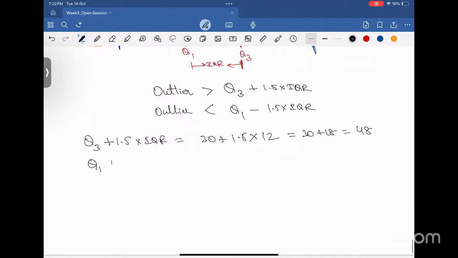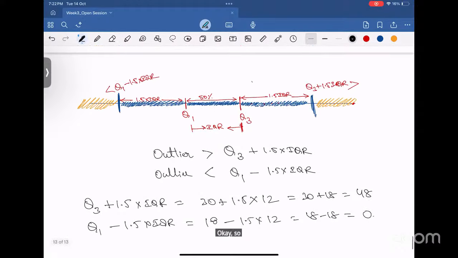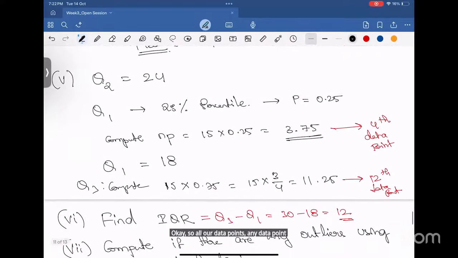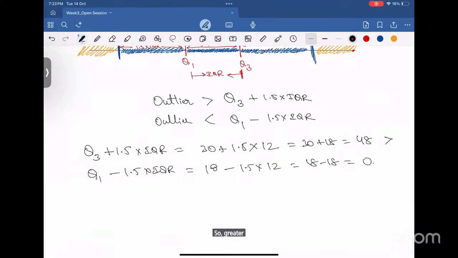So we'll also compute this Q1 minus 1.5 times IQR. So Q1 is 18, minus 1.5 times 12, which is 18 minus 18. That is 0. Okay, so any data point that is greater than 48 or lesser than 0 is an outlier.